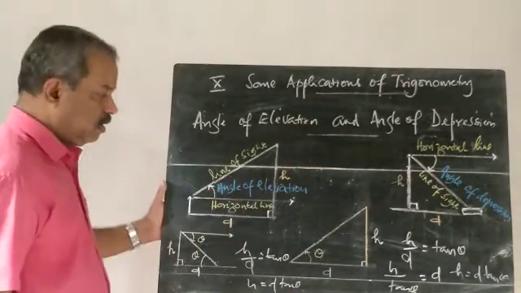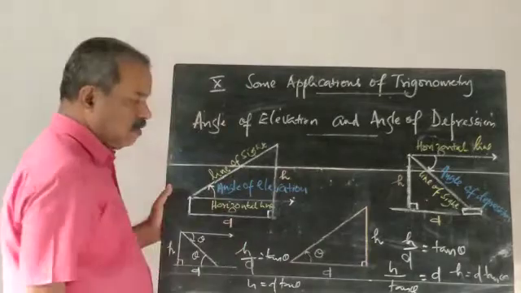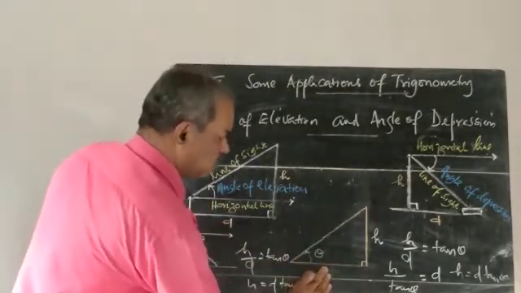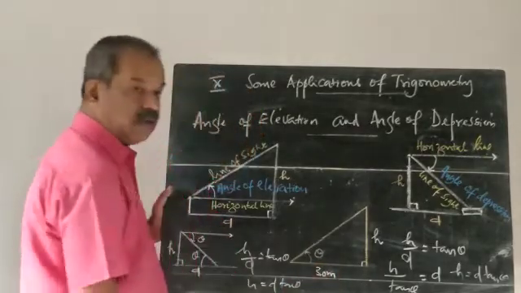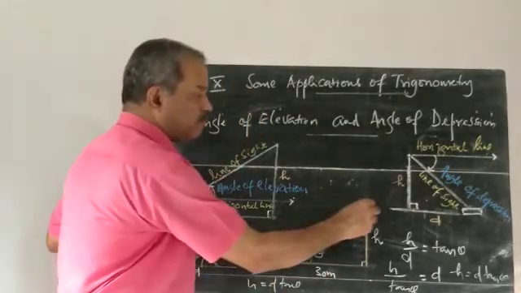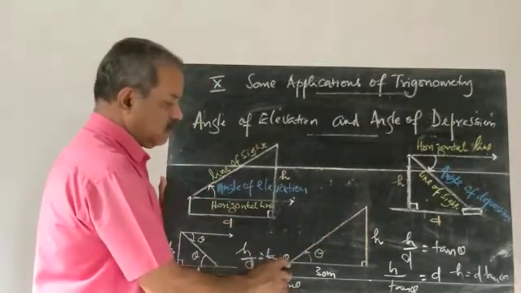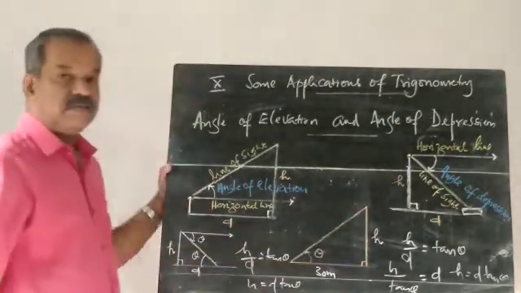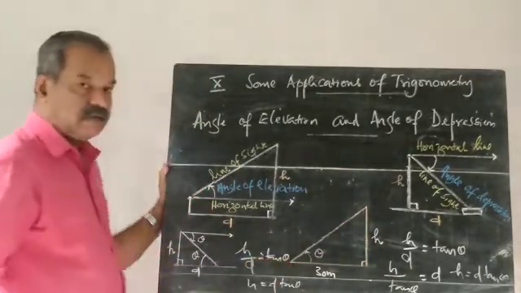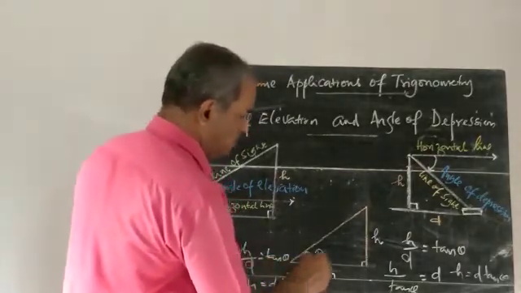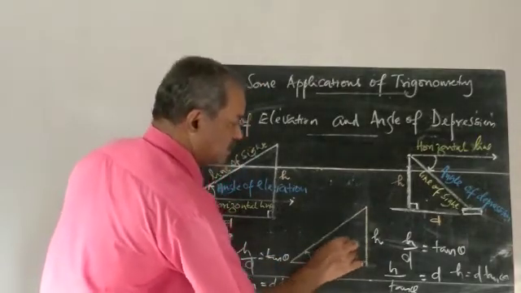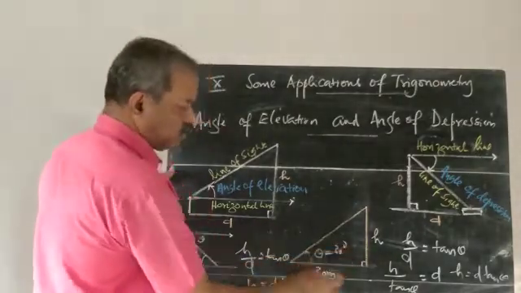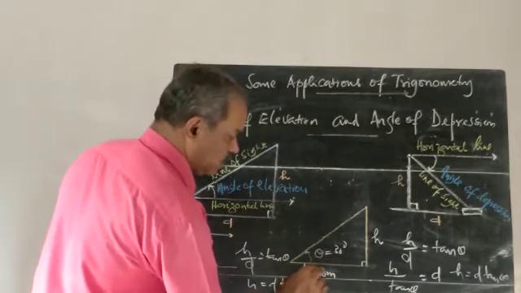Now, for example, suppose the distance between the man and the building is 30 meters, and the man sees the top of the building. The height of the man is negligible when compared to the height of the building, so we neglect that height. If the angle of elevation is 30 degrees, what is the height of the building? Theta equals 30 degrees, distance D equals 30 meters.